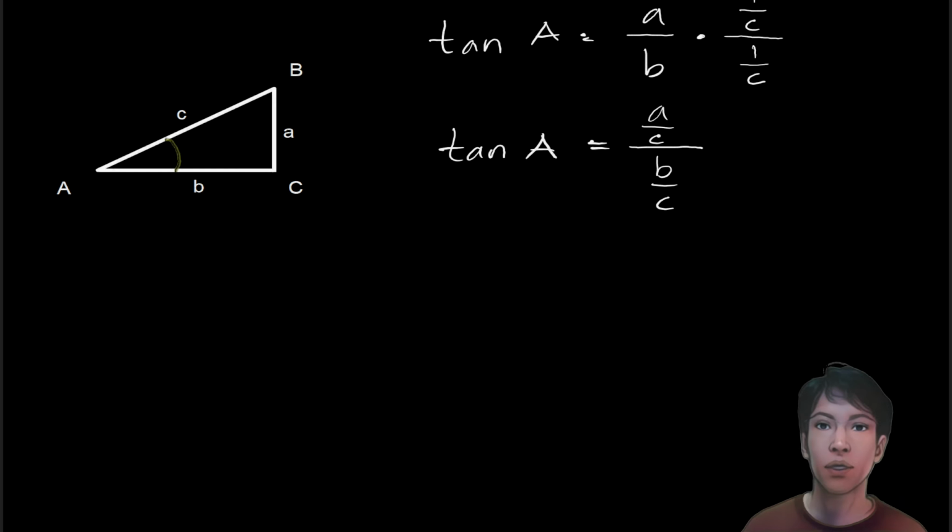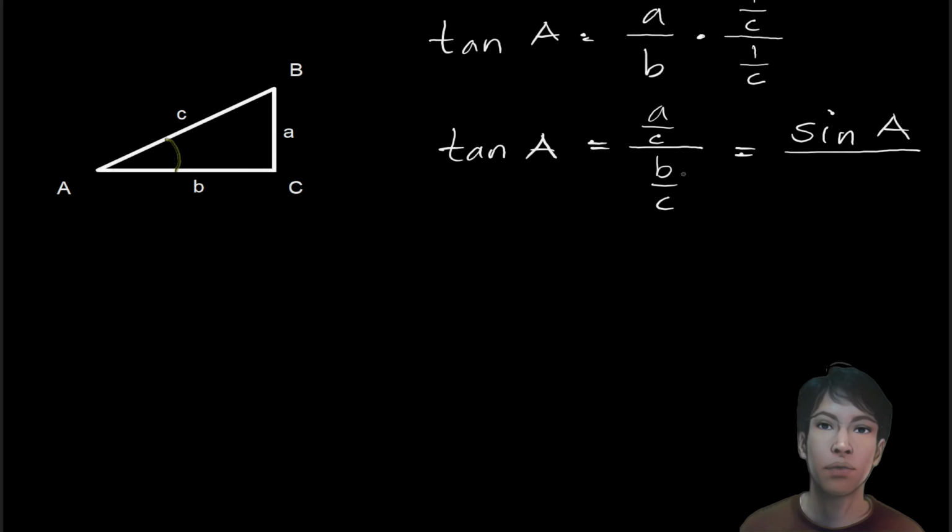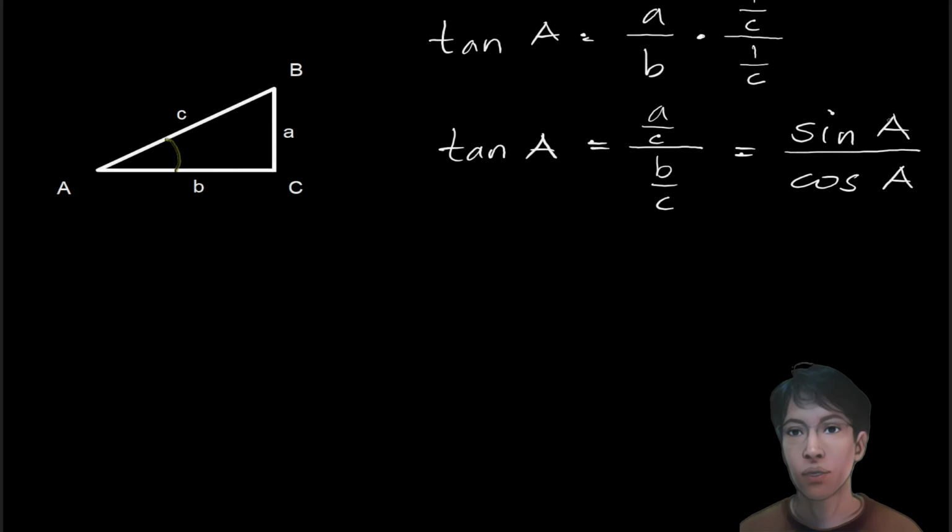A over c is simply sine A, and b over c is cosine A. So that's another trigonometric identity, that tangent A is sine A over cosine A.